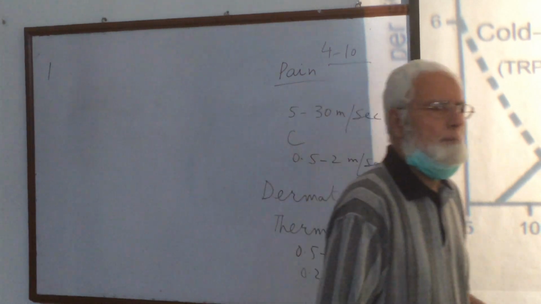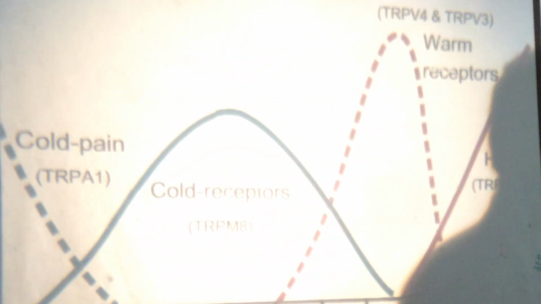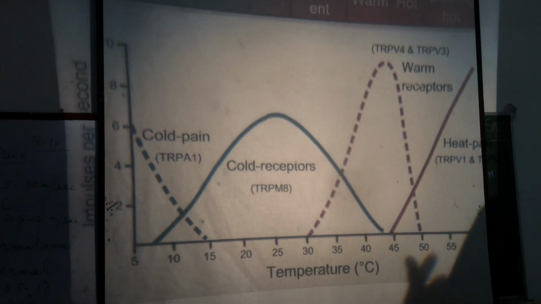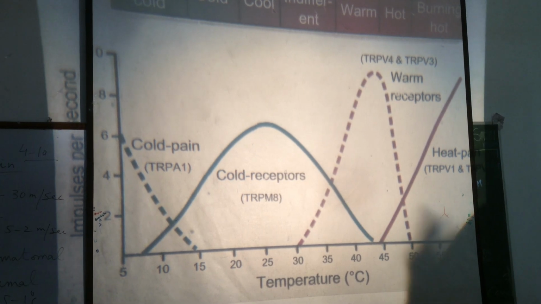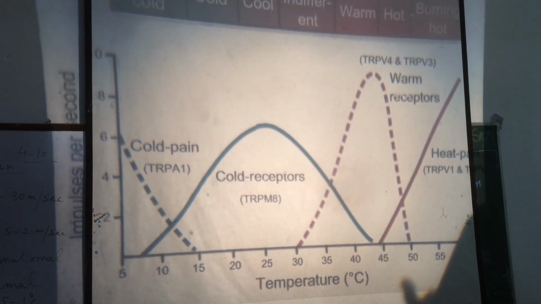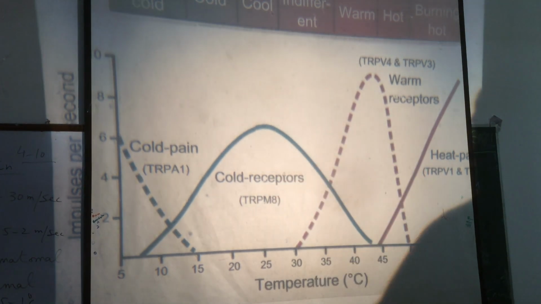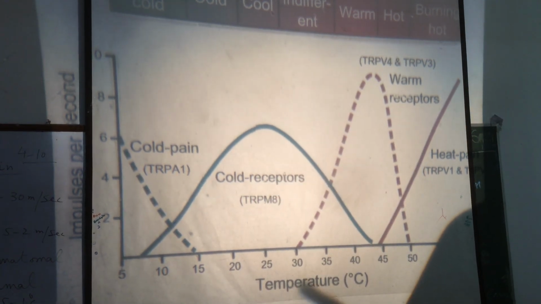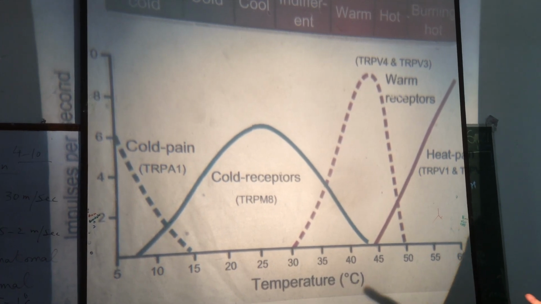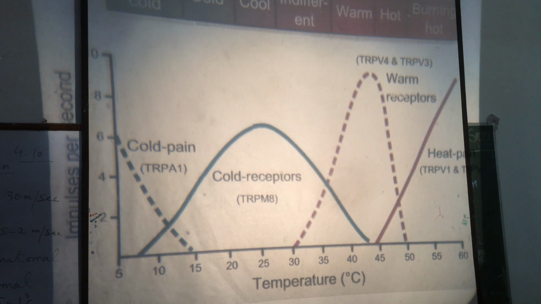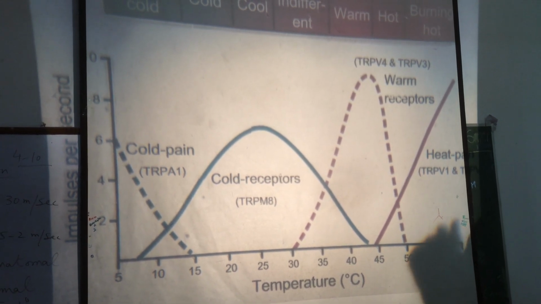Now, have you ever thought that we can take hot drinks at a very high temperature which cannot be tolerated by the fingertips? You can take hot coffee, hot tea, milk.